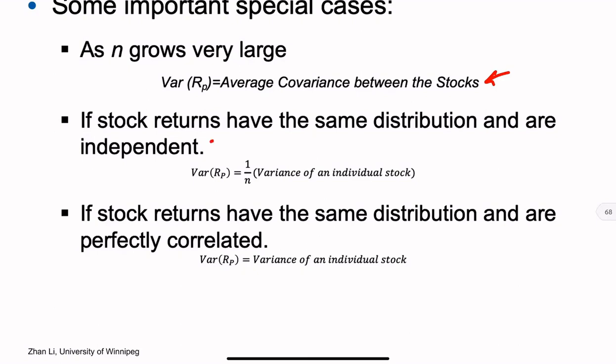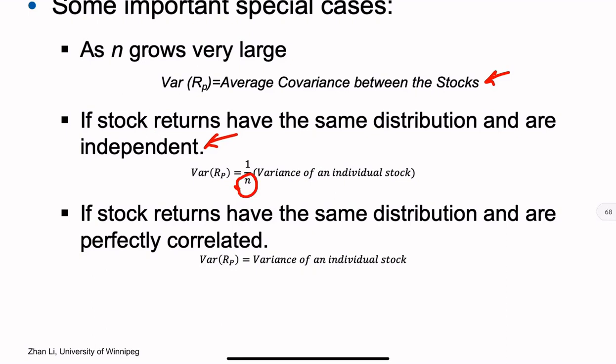Now let's look at the second case. The second case says returns have the same distribution and they're independent. And then you can see that the variance of the portfolio equals the variance of a single stock divided by the number of stocks. This is nice.